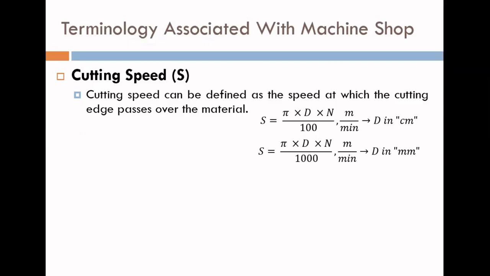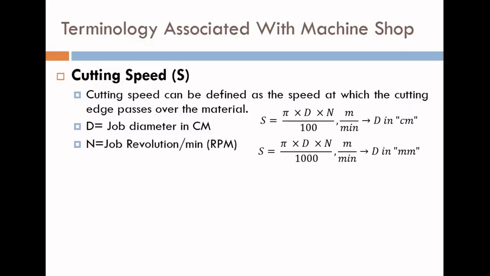If d is in mm, then the cutting speed S is equal to pi dn by 1000, where d is the job diameter, n is the job revolution per minute, that is rpm, and S is the cutting speed in meter per minute.